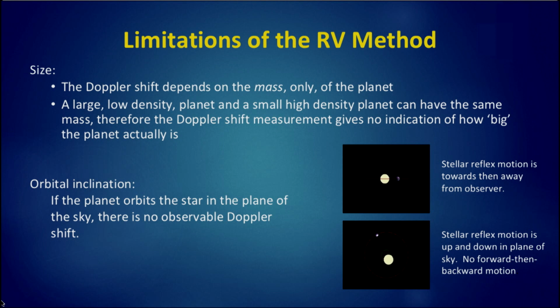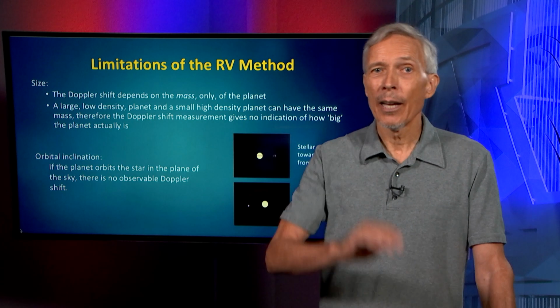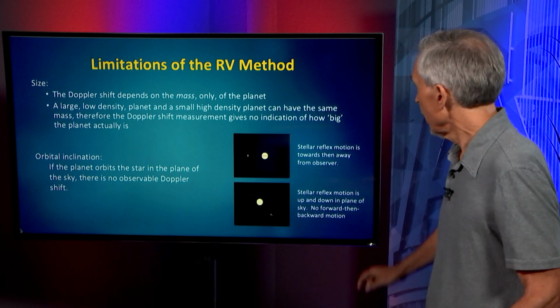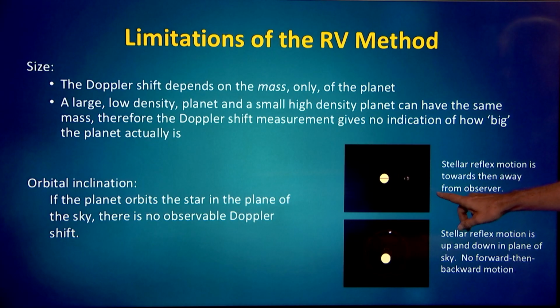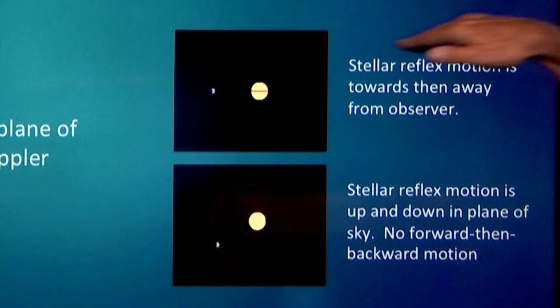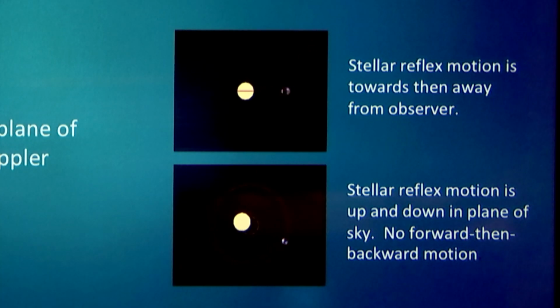Another limitation is the geometry of the system. As you saw earlier, what you actually measure is the mass times the sine of the inclination angle, where the inclination angle is the way the orbit is inclined to the line of sight. In these little cartoons, you can see that in the situation where you're looking in the equatorial plane of the planetary system, you see the full representation of the Doppler shift, of the radial velocity shift periodically.